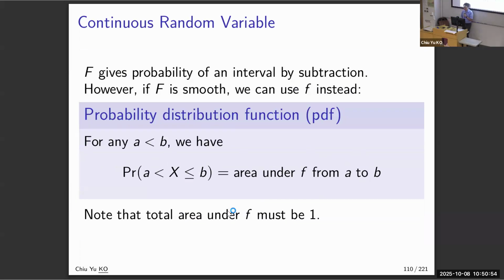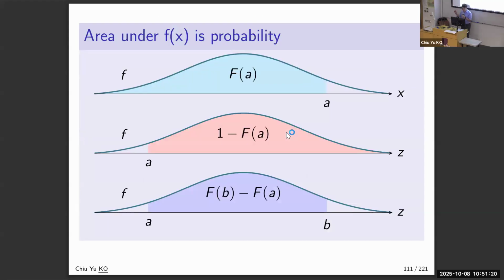And one thing, if you learned M1 and M2 math in Hong Kong, you probably learned calculus, then you probably know that if F is smooth enough, which means it's differentiable, then you can always find another function called small f, which, if you look at the area, gives you the original big F. What I mean is like this, right?